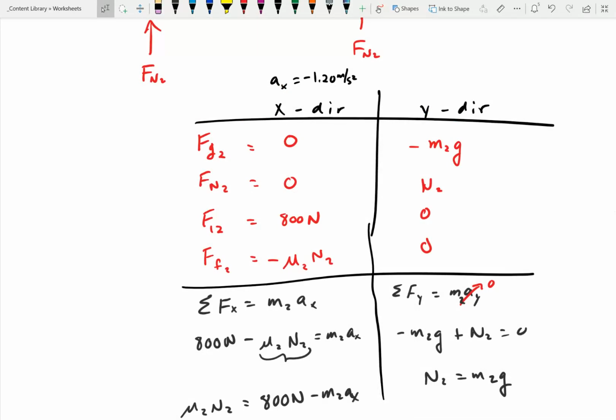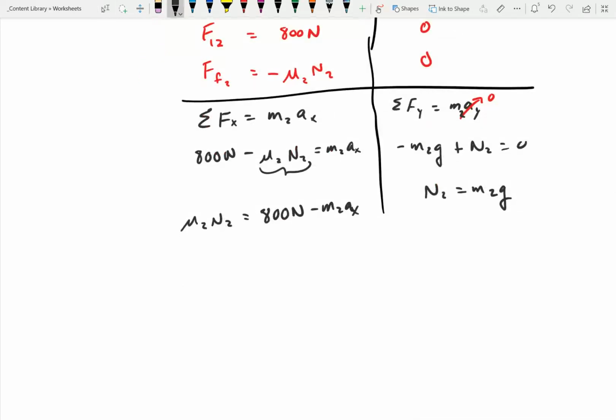Now ax is minus, so it's going to turn out to be a bigger number. 800 newtons minus m2, which was 110 kilograms, if I remember correctly, times my minus 1.20 meters per second squared.